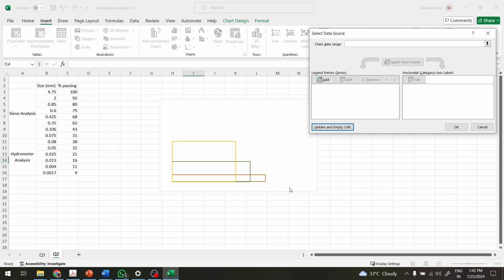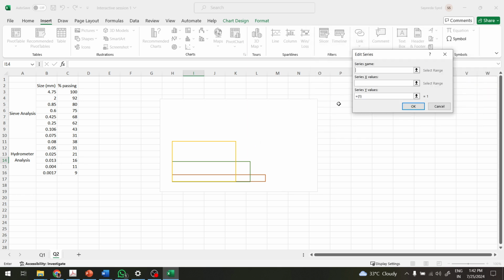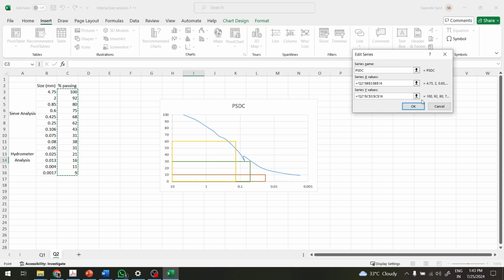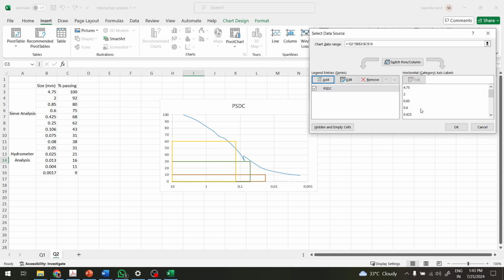So move this and let's add particle size distribution curve, x value and y value. This seems to be an issue. Let me check.